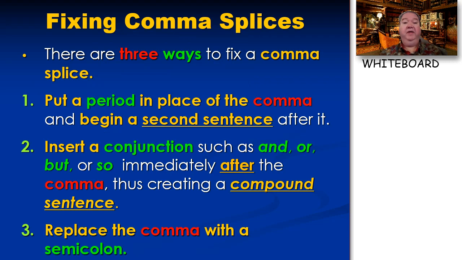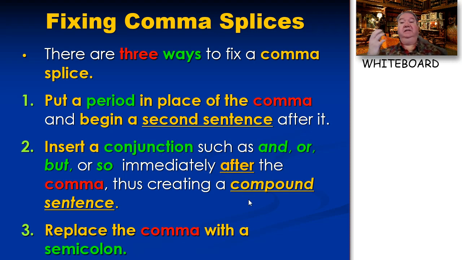3 simple methods, really. You can replace the comma with a period and just make 2 sentences. Or you can use a conjunction, one of the fanboys: and, or, but, so, for, nor, yet. Okay. You can use a conjunction after the comma to make a compound sentence.